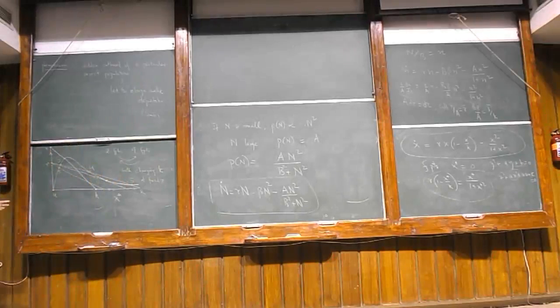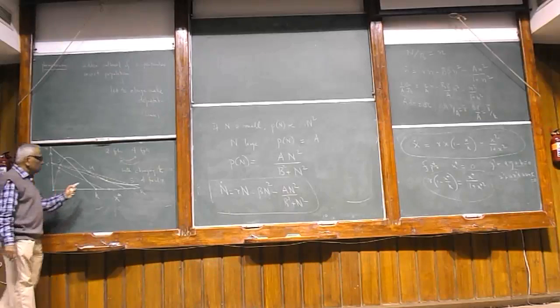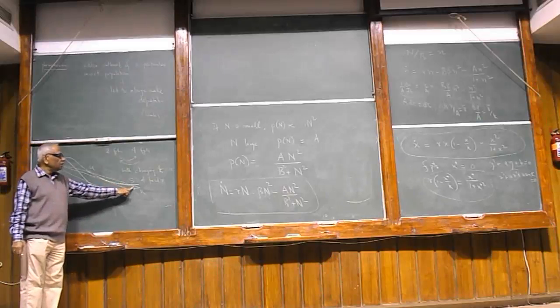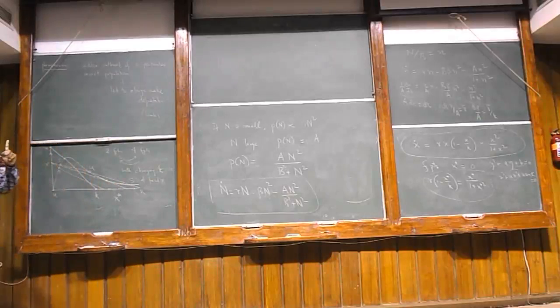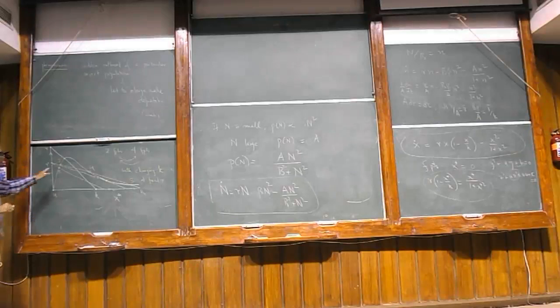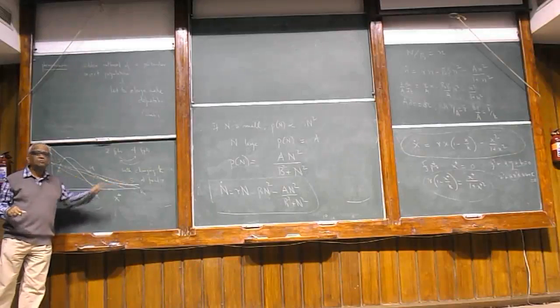So what's to be noted? What's to be noted is that the two fixed points which are stable are one at a very small value of x star, sitting somewhere over here, and the other at a very large value of x star.